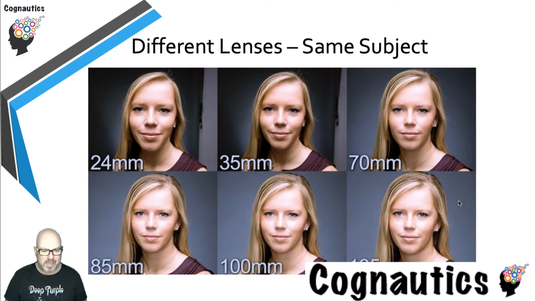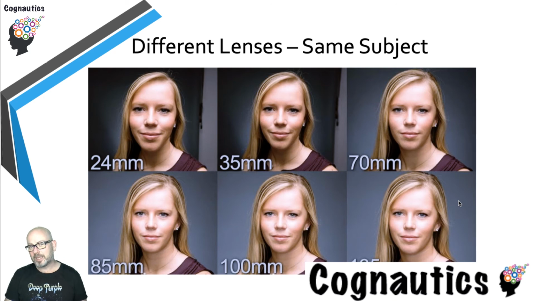And you can see here that although it's the same subject wearing exactly the same thing and it's the same distance from the camera, the subject looks different in each photograph. And you can also see the 85mm lens is the one that's classically used for portraits because it gives the most flattering view of a human.